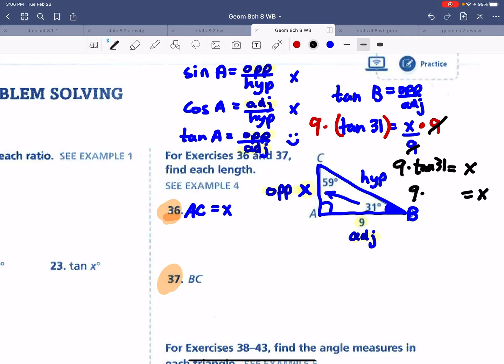So let's find out the tangent of 31 by taking 31 and hitting tangent. So that is 0.6009. All right, so 9 times 0.6009 is about 5.4. I'm rounding. And we like that. That's a number less than 9.